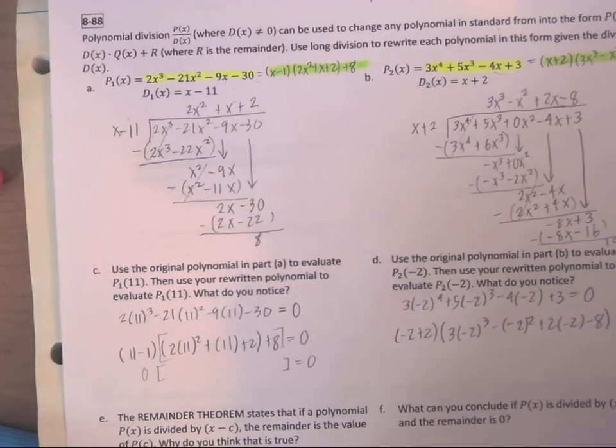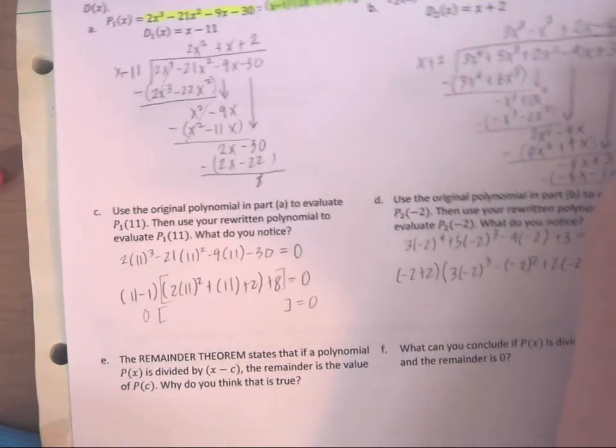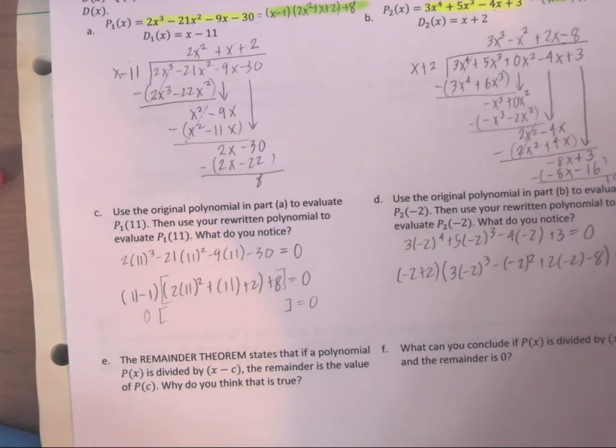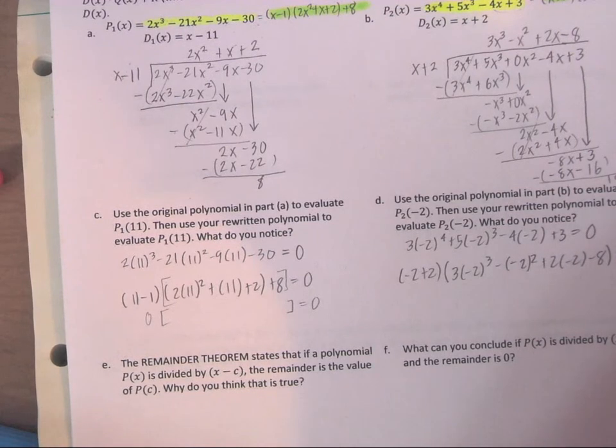So it says the remainder theorem states that if a polynomial p of x is divided by x minus c, then the remainder is the value of p of c. So why do you think that's true?